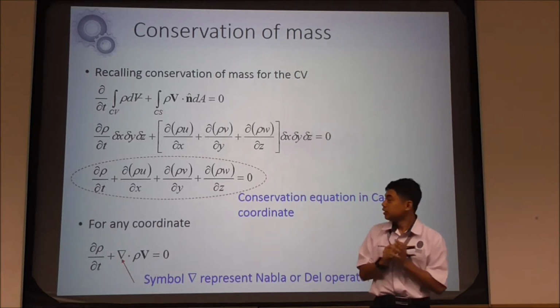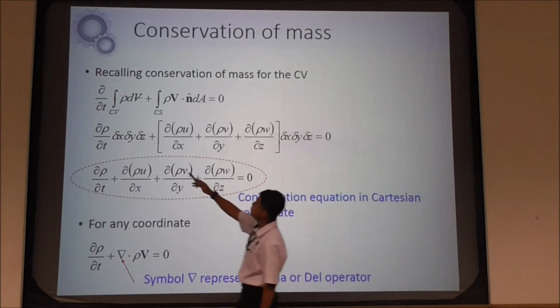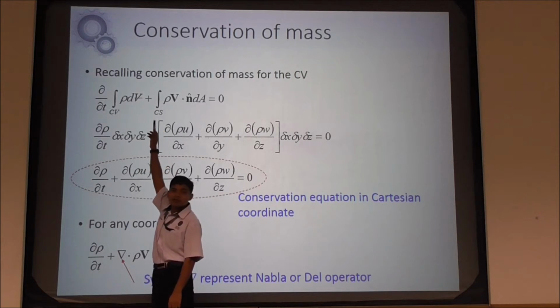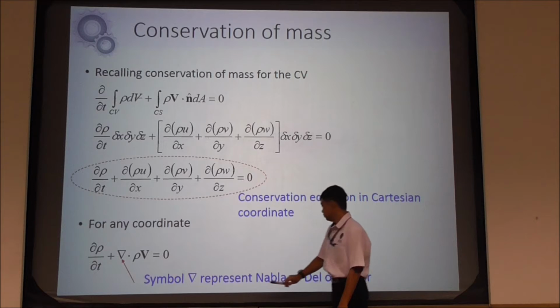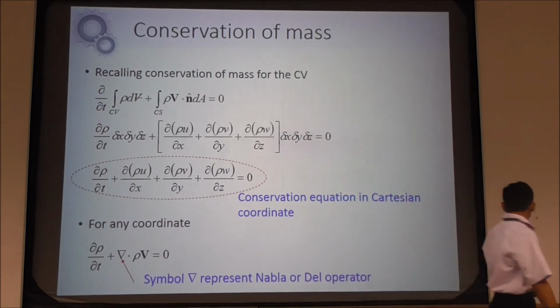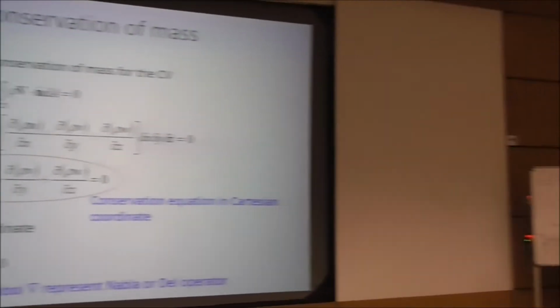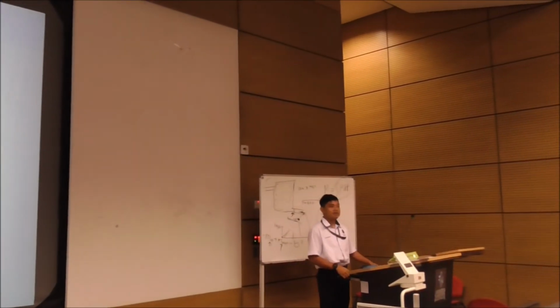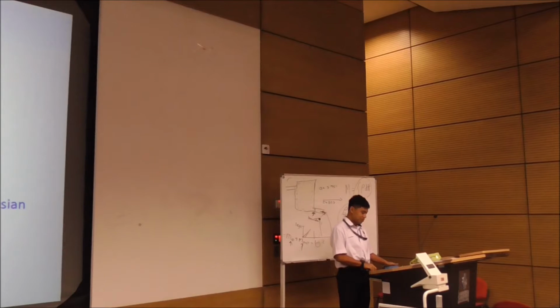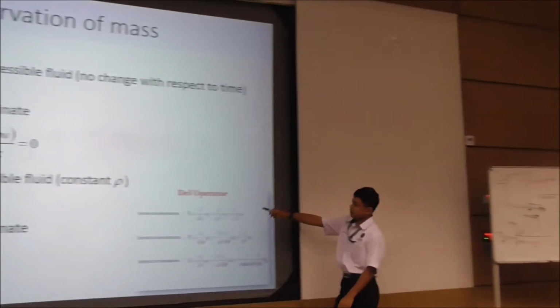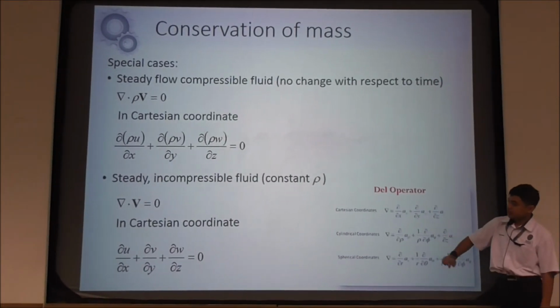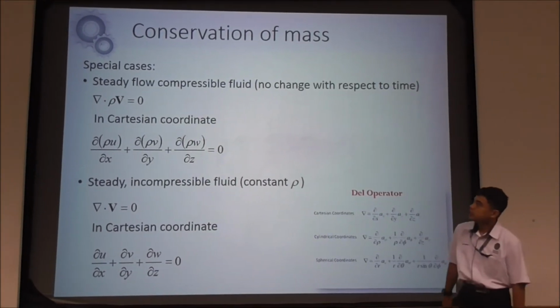And if you hate those, don't forget to put this in your list because this one is more difficult. I will show you why it is difficult later on. Any question before we proceed with the conservation of momentum? This is the del operator in Cartesian, cylindrical, and spherical coordinates.